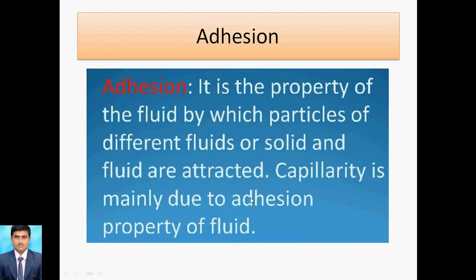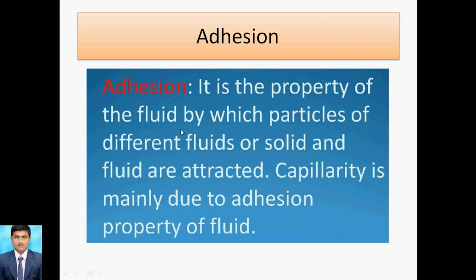Now next we discuss adhesion and cohesion. Adhesion is a property of fluid by which particles of different substances are attracted, here a solid and a fluid. For example, glass and water: water adheres to the solid, and that is called adhesion.